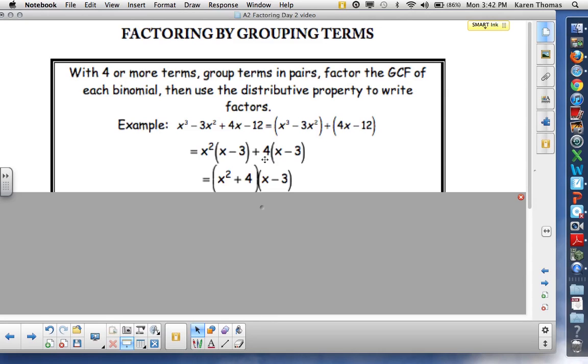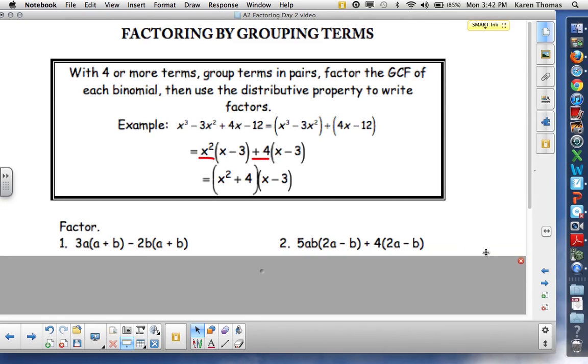When that happens, we can undistribute. And what I'm going to do is take the x squared and this plus 4, put it together in one set of parentheses, and then write the x minus 3 one time. Does it look familiar?